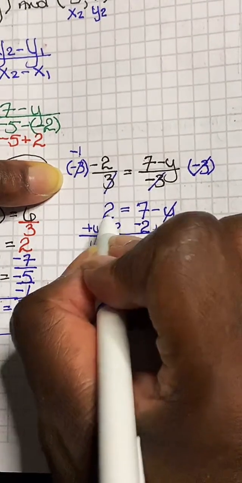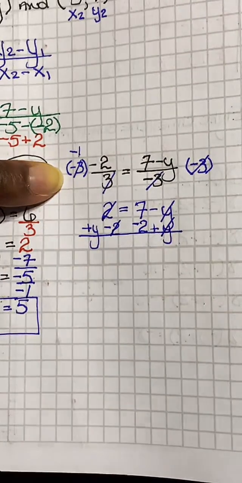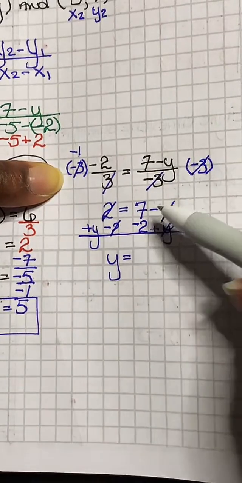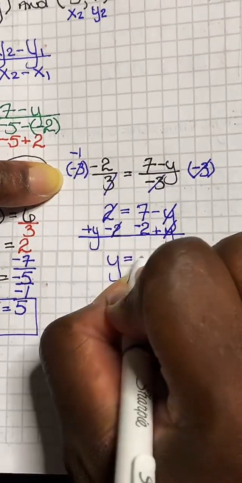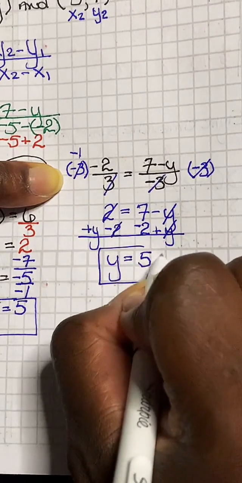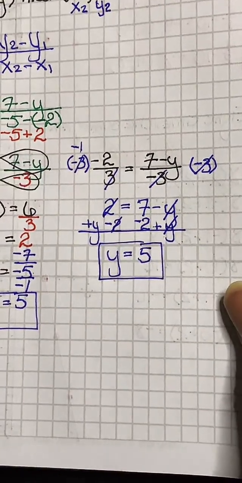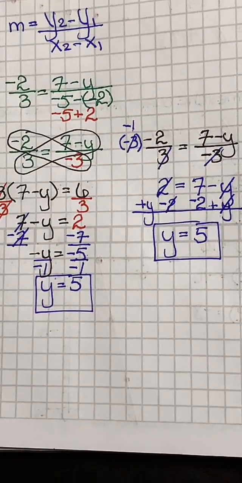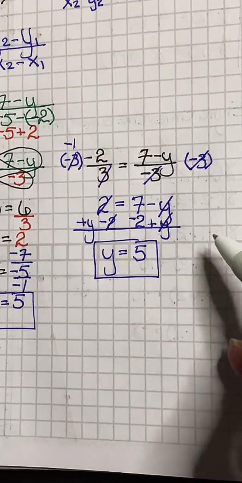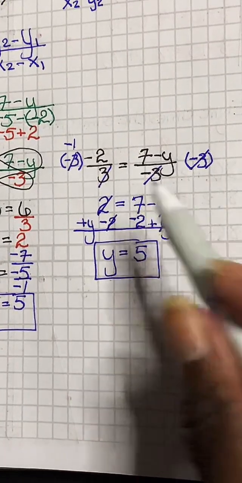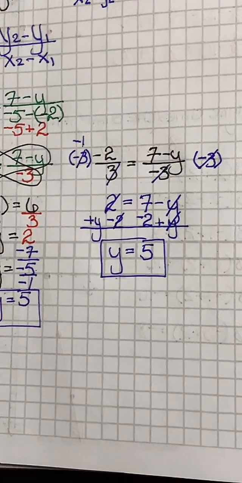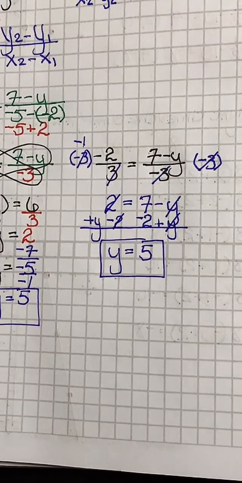But if you want to do it all in one line, you can. And then you get your answer of y is equal to 7 minus 2, which gives me 5. So if you like step-by-step with proportions, you can do that. If you want to take it a little advanced by getting rid of the denominators, you can do that. You got options. All right?